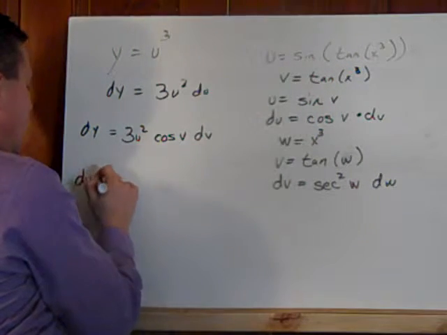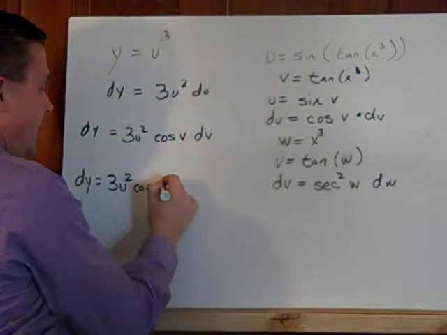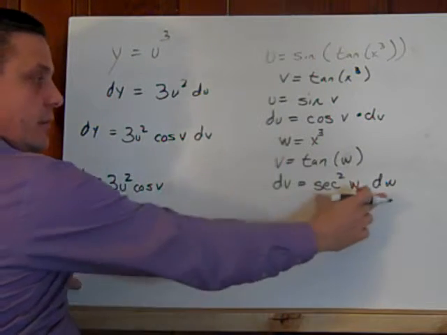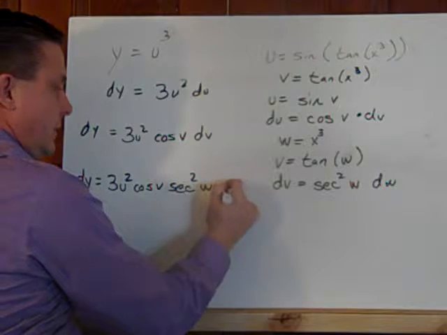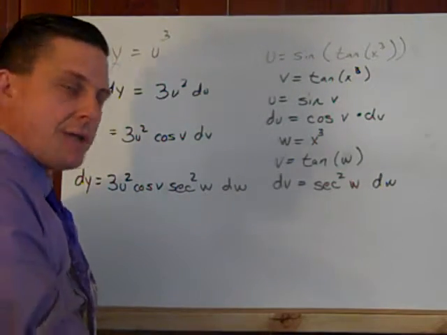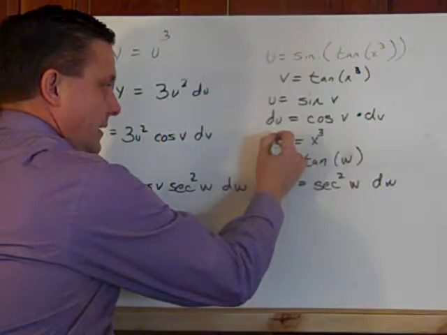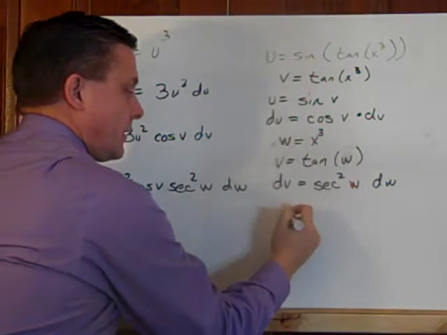And I have dy equals 3u squared cosine v dv, which is equal to this, secant squared w dw. But I get dy dw. I need dy dx. So I see it here, so I take the derivative of w. This time I can take the derivative of this.